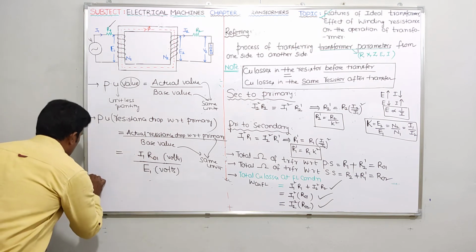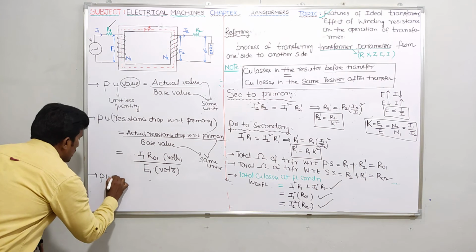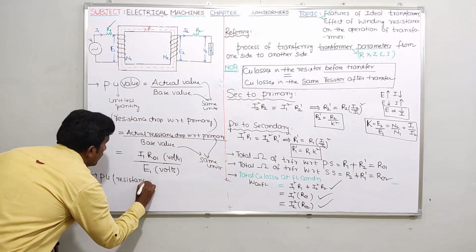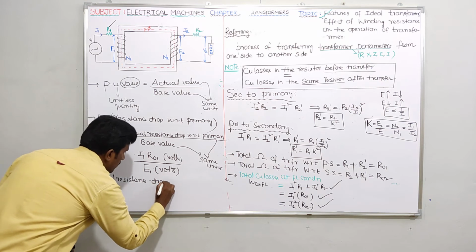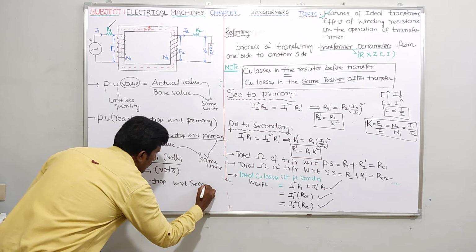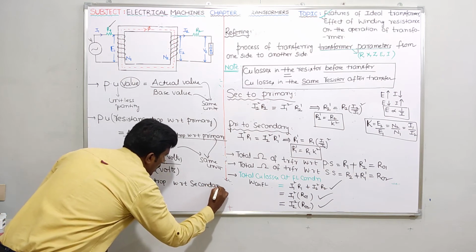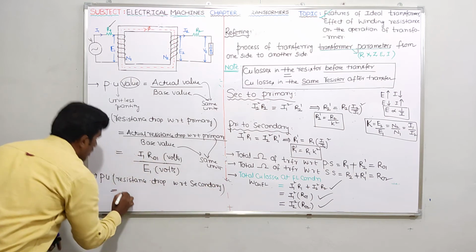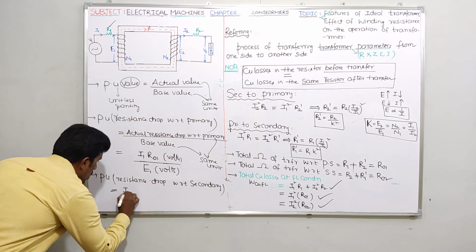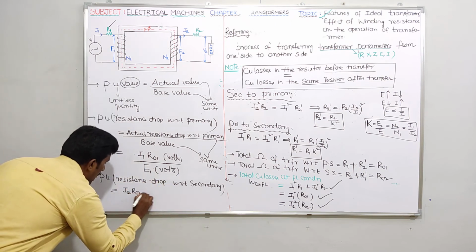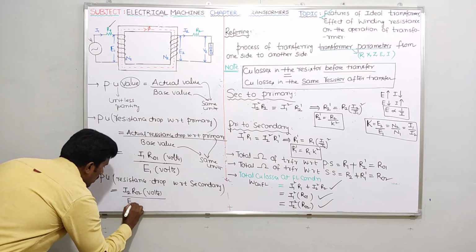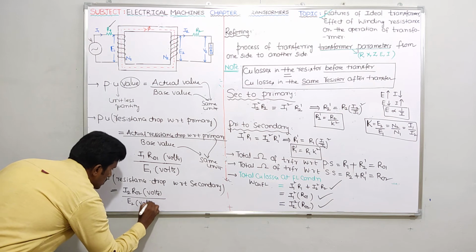Similarly guys, tell me per unit resistance drop with respect to secondary. I hope you will tell the answer fast without delay. Okay, please tell me. Actual resistance drop with respect to secondary, I2 R02 having units volts, divided by E2 having units of volts.